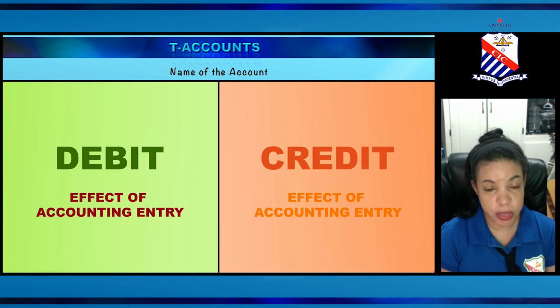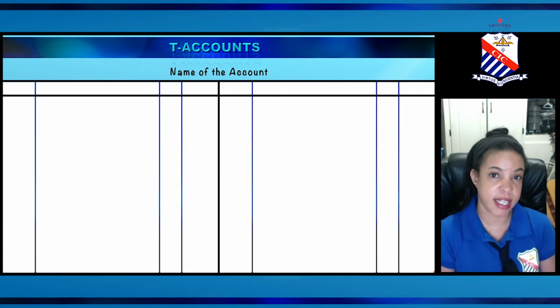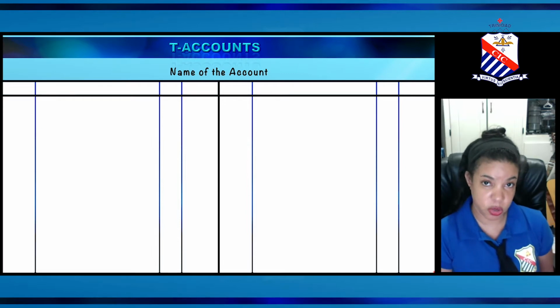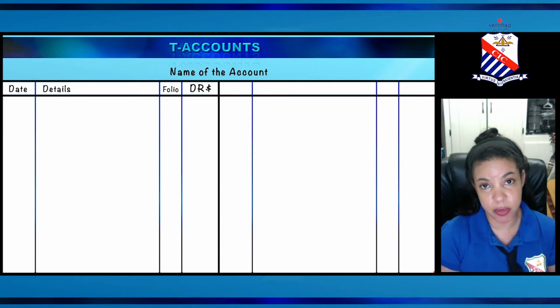important accounting terms. So you have your T accounts, and you should know that each side, the debit and the credit, is divided into 3 to 4 columns depending on whether you also have the folio column. So date, details, debit, definitely, and then you may have the folio.